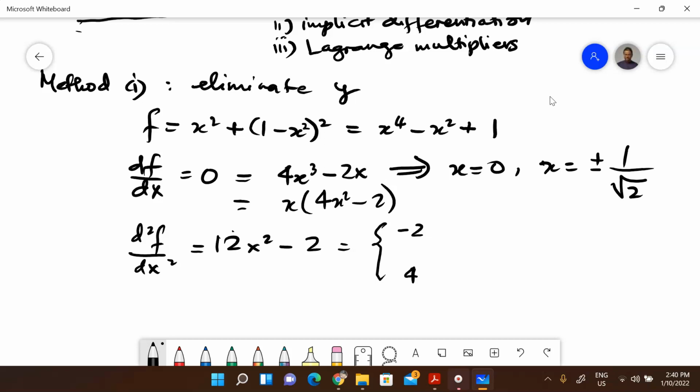The negative one, for x equals 0, will give you the maximum. And the positive one, which corresponds to plus or minus 1 over root 2, gives you the minimum. So there are two minimums.